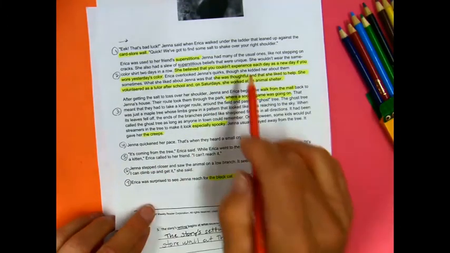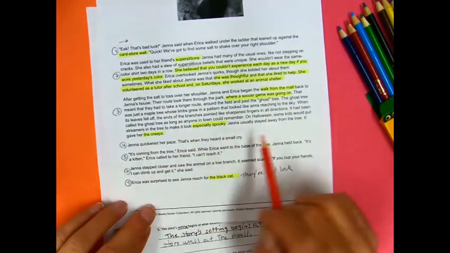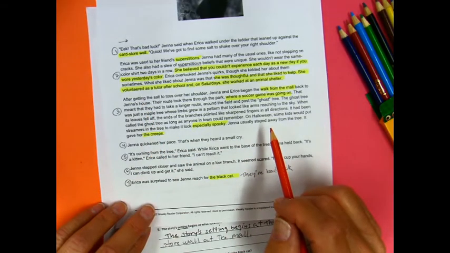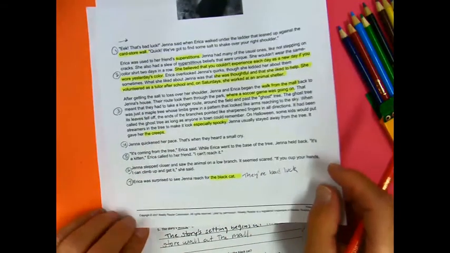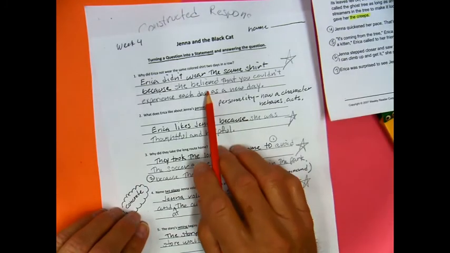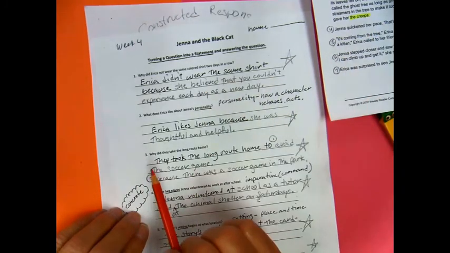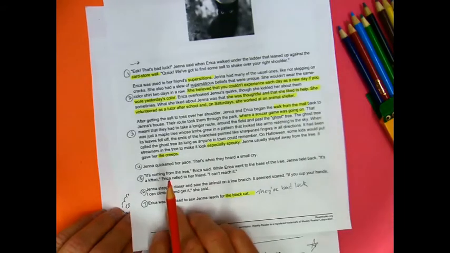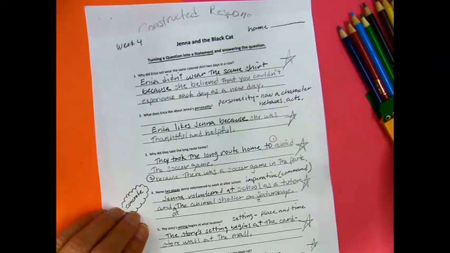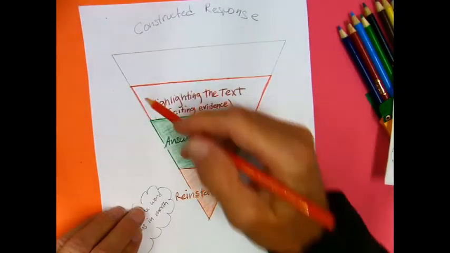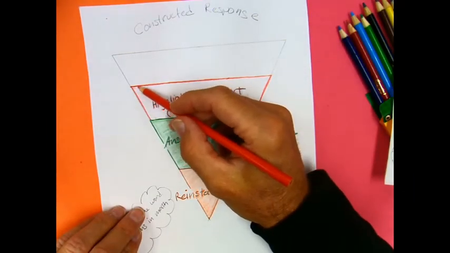Don't turn this into a coloring exercise and think that you're going to find the answer. You've got to find the answer to the question in the text and show us where you found that answer. That's what the highlighter is for. So this part you already have done. So now I'm going to color this in.